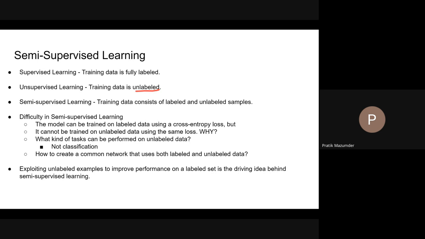Okay. The entire idea is that we could have simply said, okay, I'll discard the unlabeled data and only use the labeled data. We say that we will not be doing that. We will not be taking a shortcut like that.